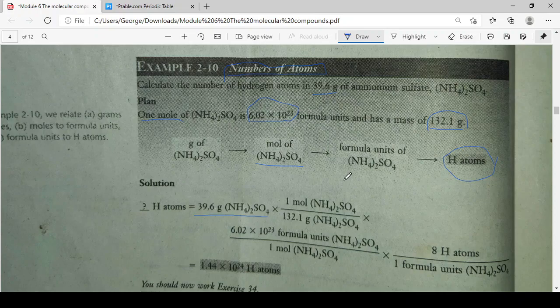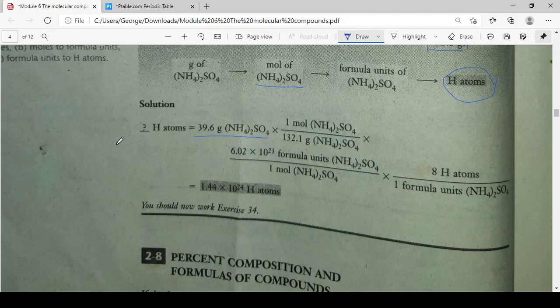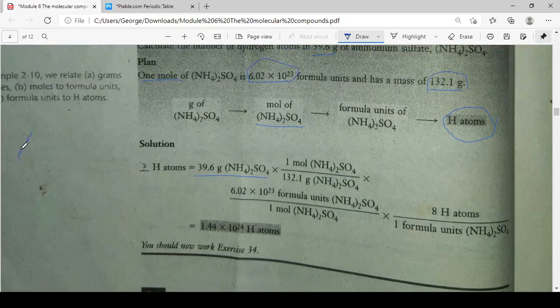So how do you write this formula? First, write the given. Our given is 39.6 grams of your ammonium sulfate. So just carry it down to the formula. So you are finding your number of H atoms.